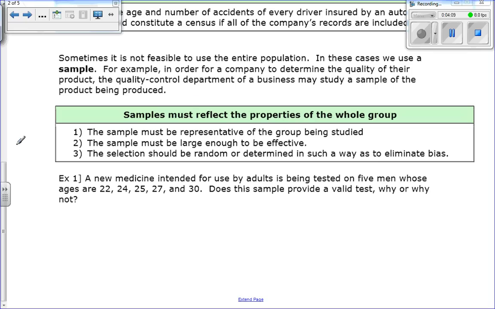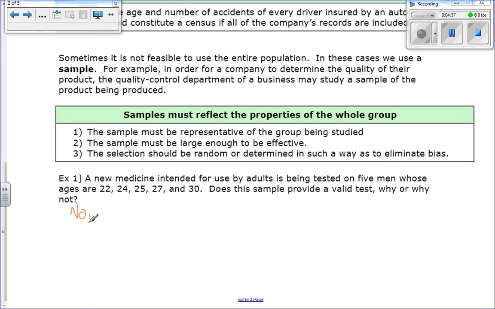So, for example here, for number 1, a new medicine intended for use by adults is being tested on 5 men whose ages are 22, 24, 23, 27, and 30. Does this sample provide a valid test? Why or why not? Well, in this case, the answer is no. It is not a valid test.